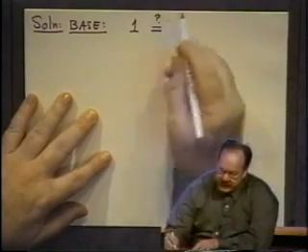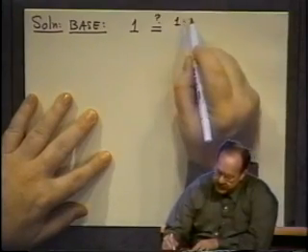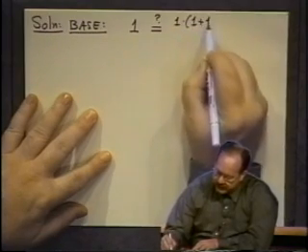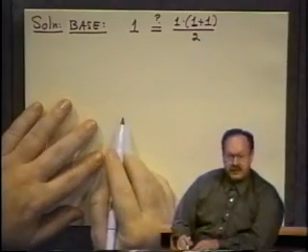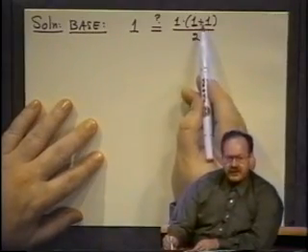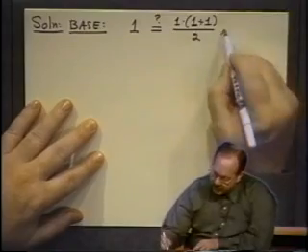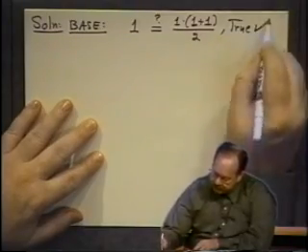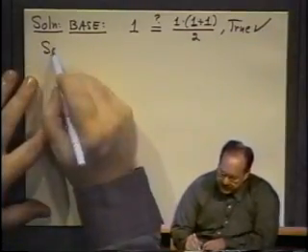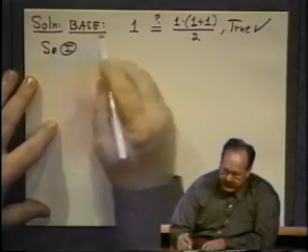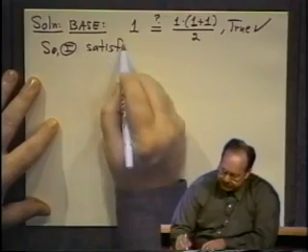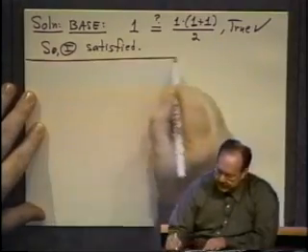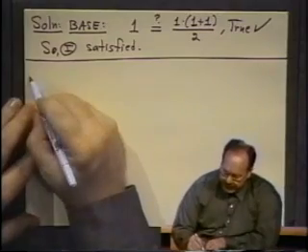My question, is that equal to the formula which says it should be 1 times 1 plus 1 all over 2? Now is that true? Well, sure it is. 1 plus 1 is 2, 2 over 2 is 1, so this is true. Okay, so that means that part of the theorem, Roman numeral 1, is satisfied. Oh, good. We can move on.